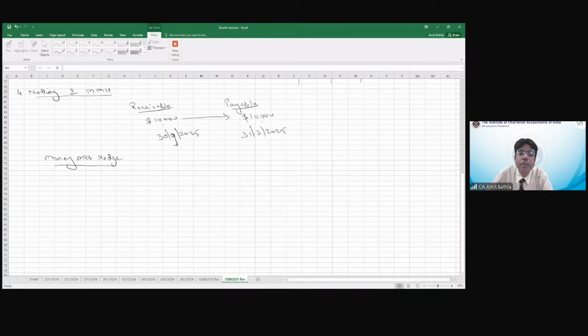Since I have a payable on 31st March, right? I need to have a receivable on 31st March. So how would I do that? How can I do that? How do I bridge this particular gap? So try and understand, on 31st March 2025, I need a payable over there, right?